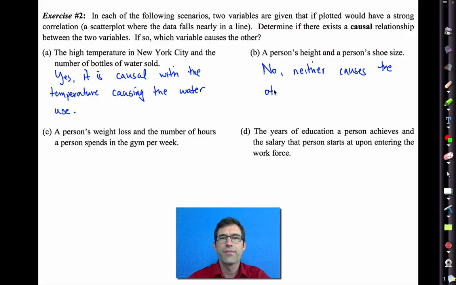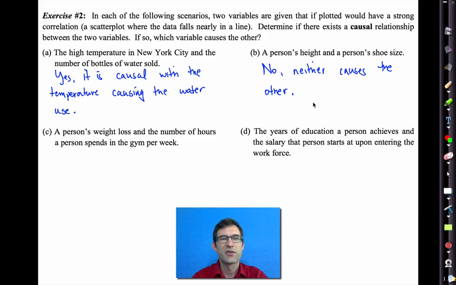In other words, just because you have a bigger shoe size, it doesn't cause you to be taller. If that was the case, then when I was in like 8th grade and desperately wanted to make the 8th grade basketball team, I would have just gone out and bought larger shoes to make myself taller, right? They don't cause one another, but they are highly correlated.